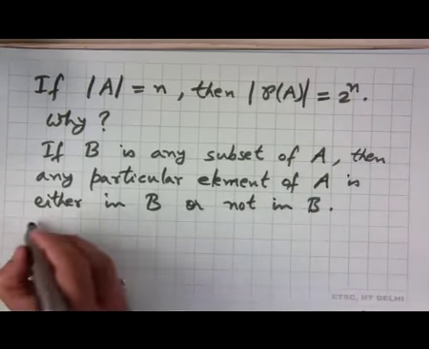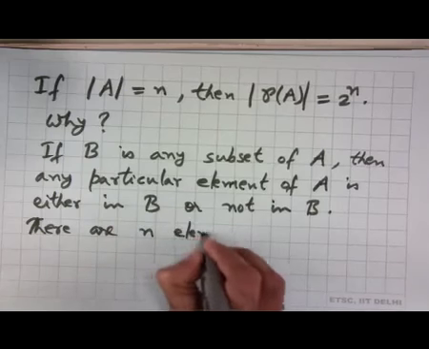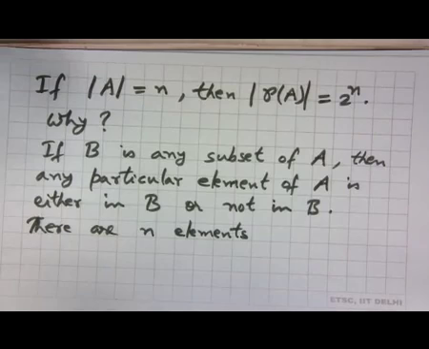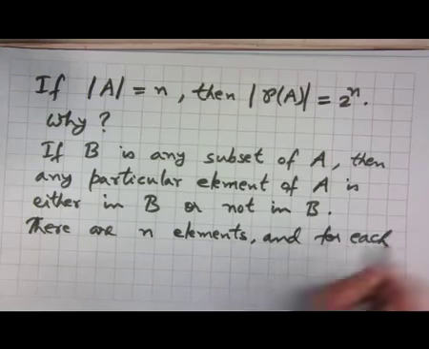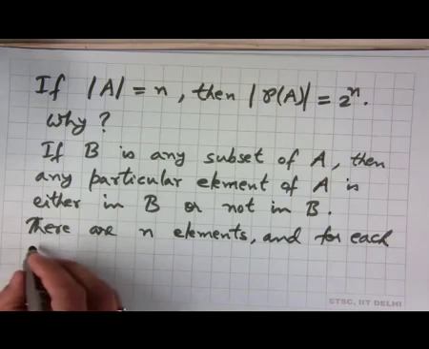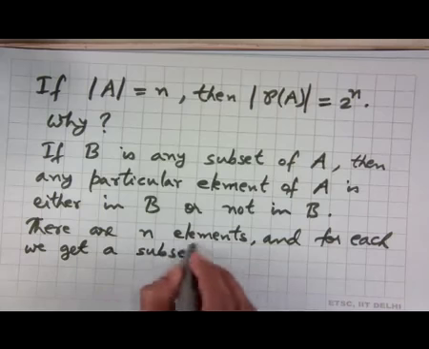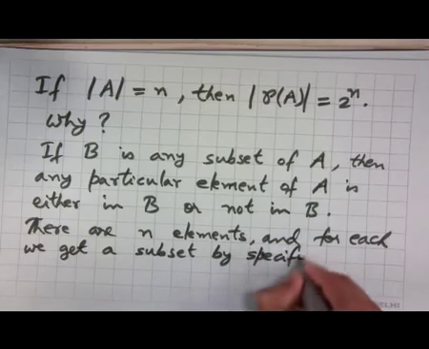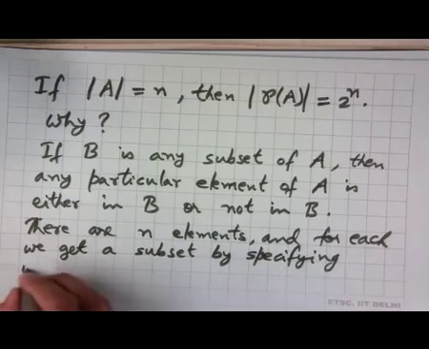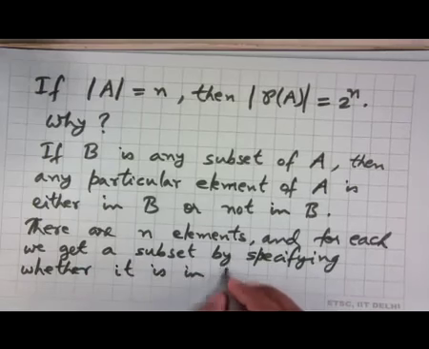So, there are n elements, and for each we get a subset by specifying whether it is in B or not.